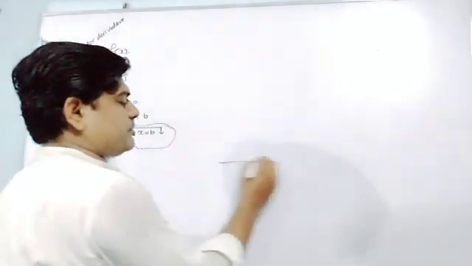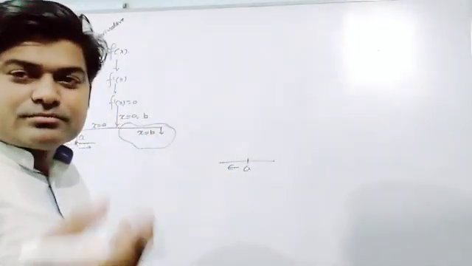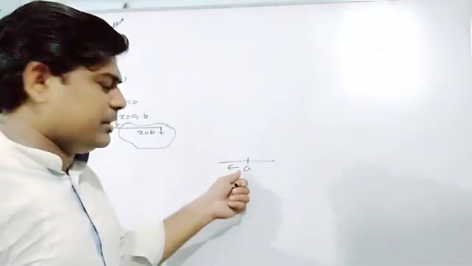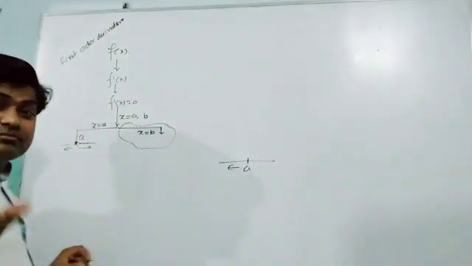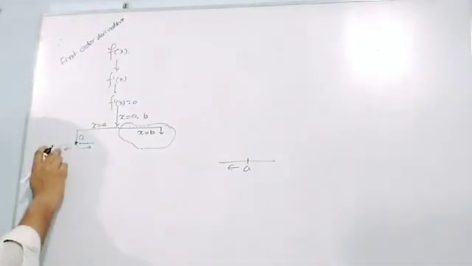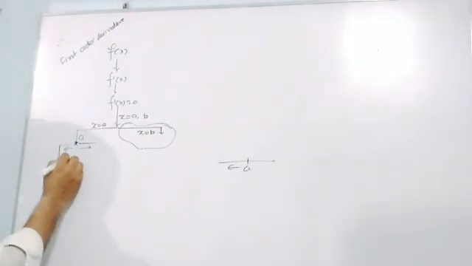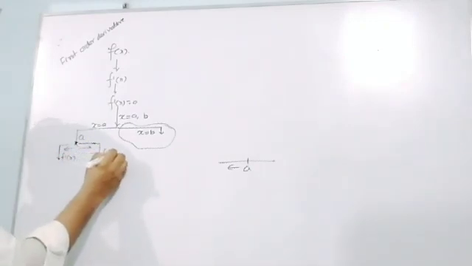On the number line, you must remember, if this is a, then all the values on this side will be less than a, and on this side more than a. Very clearly you can listen to me. If the value of x is less than a, and f dash x, here also I am writing f dash x.